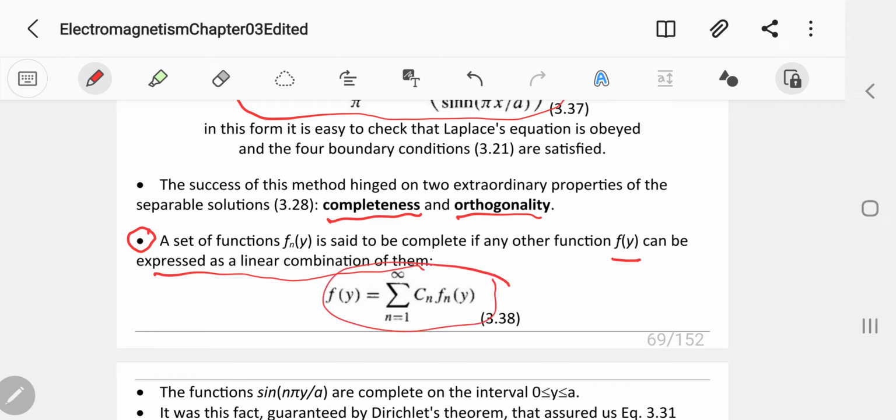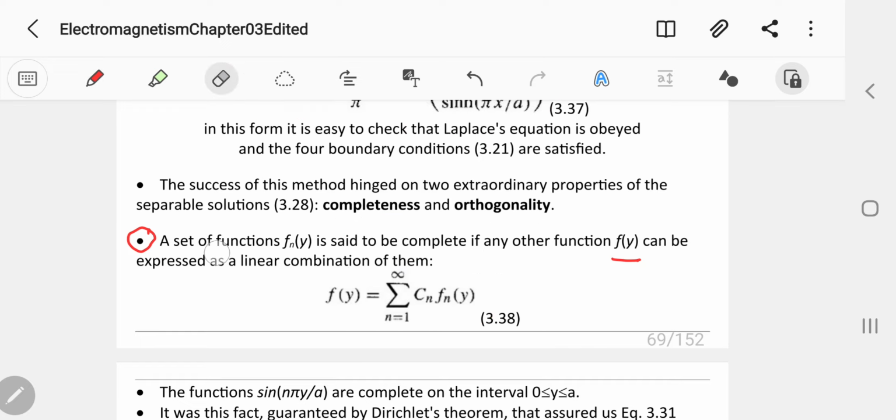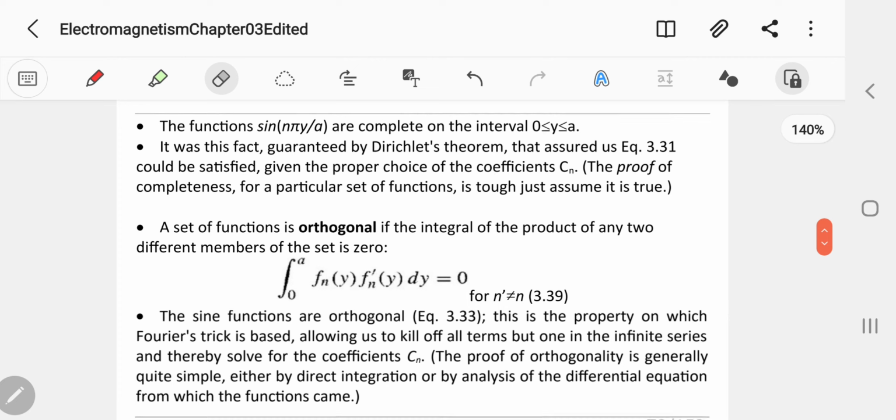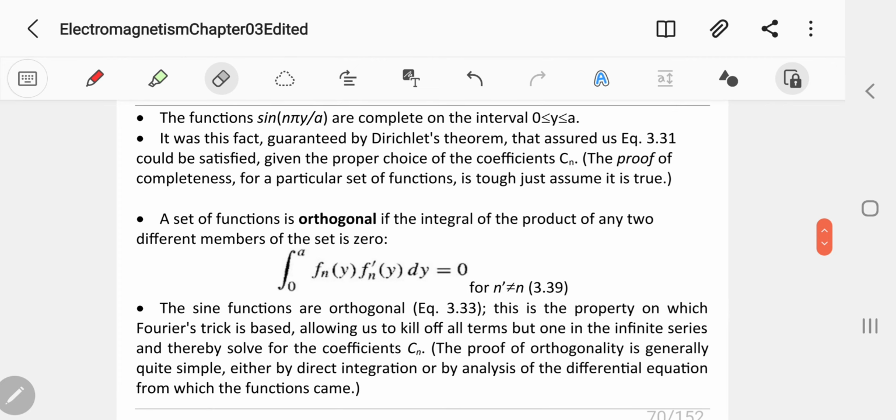So we can express the potential as a linear combination, so it's a complete set. You may have encountered this completeness in some other subjects that you had, especially in mathematical physics.